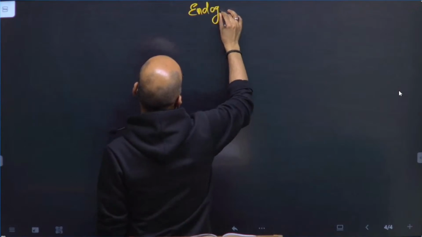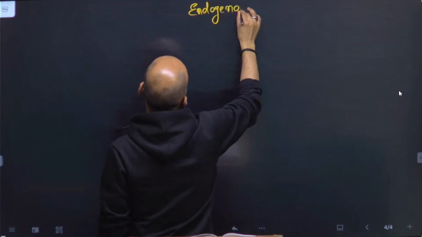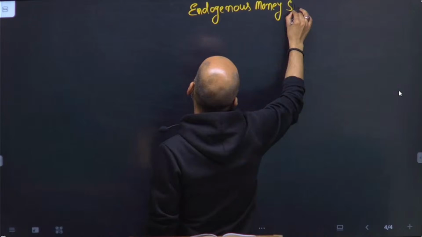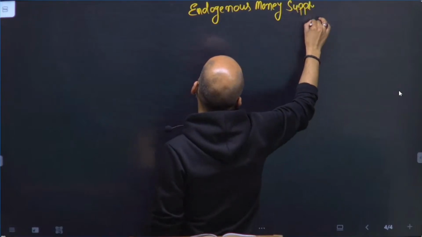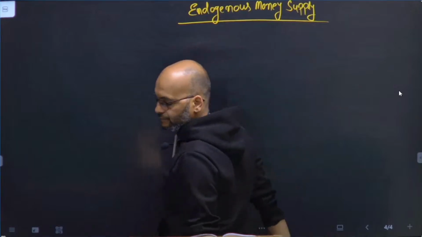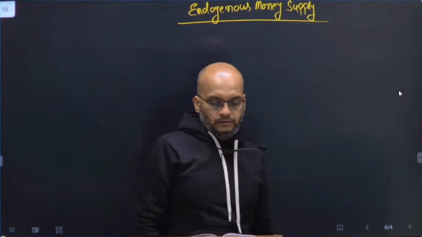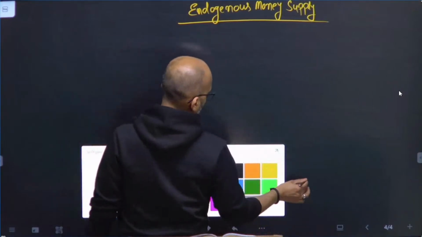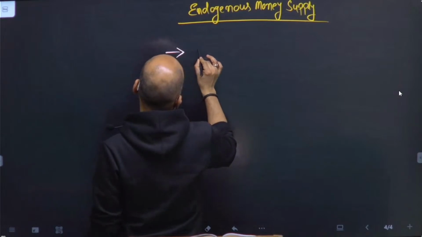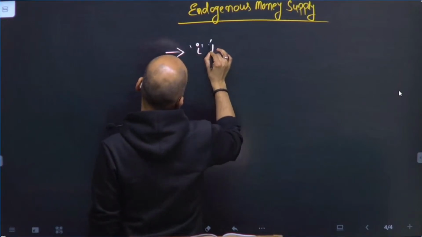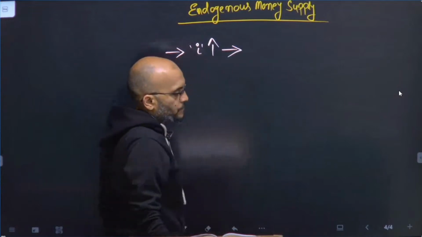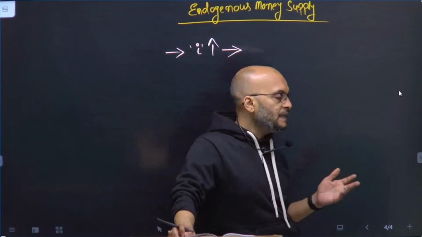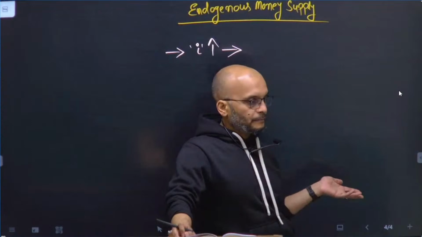Next is endogenous money supply. Pay attention, guys. If interest rate is going to increase in endogenous supply, we know that ED and CD are dependent on interest rate.